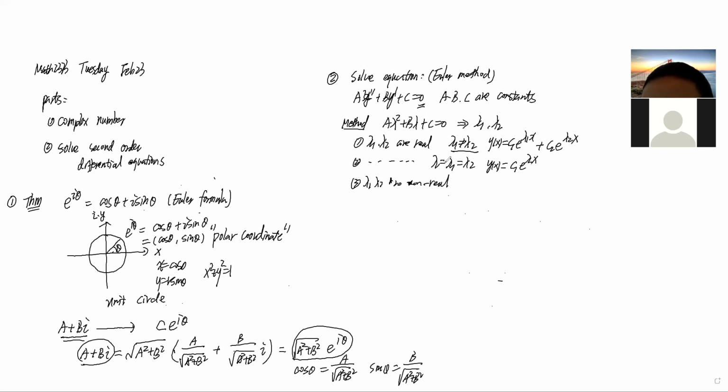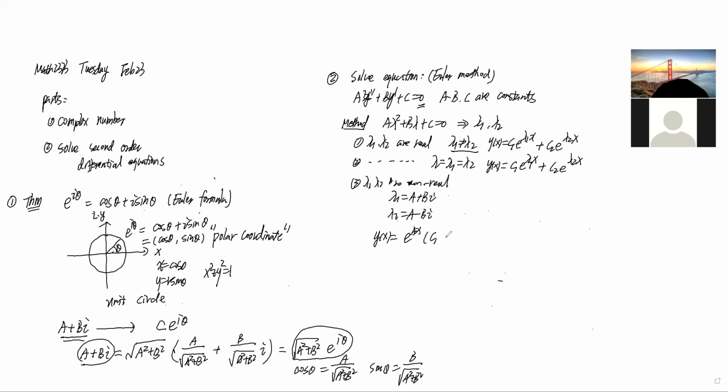You write it as λ because λ1 is equal to λ2, right? If it's non-real, you write λ1 is a plus bi, λ2 is a minus bi. I think all of you know this. And then what should y(x) be?